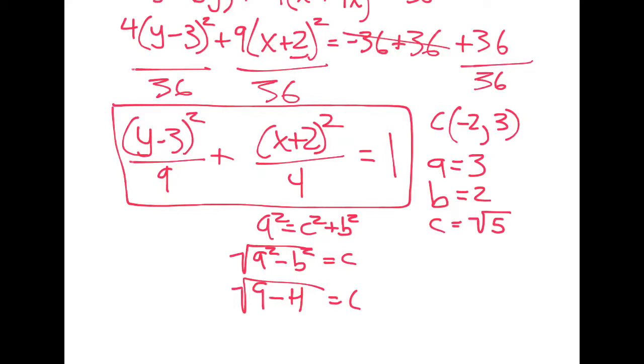Okay, well, what can we do now? Well, I know a, b, c, and my center, which means I can find a lot of different pieces. I can find my vertices.